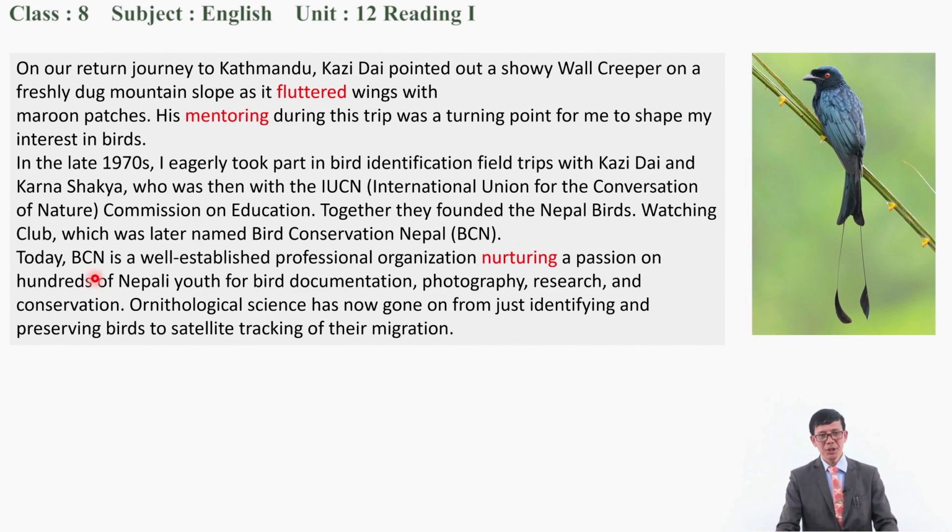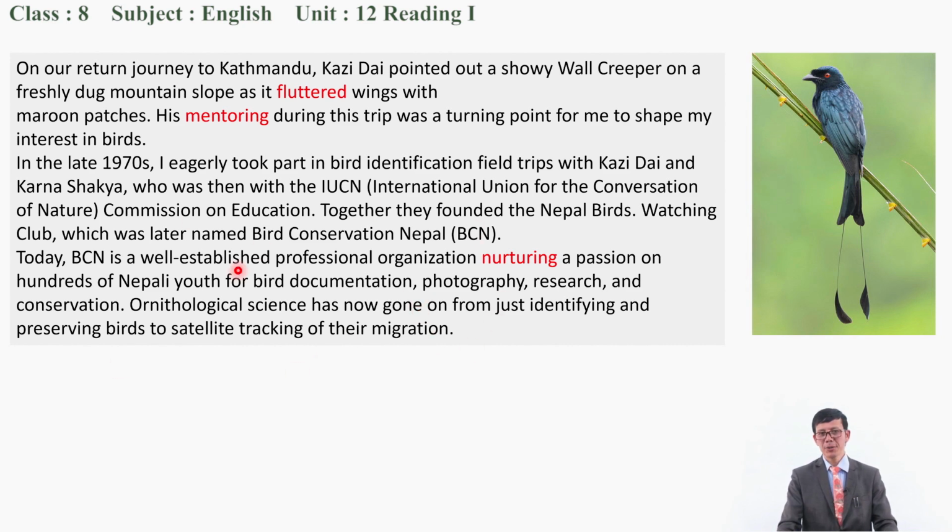Today, BCN is a well-established professional organization nurturing a passion in hundreds of Nepali youths for bird documentation, photography, research, and conservation. Ornithological science has now gone on from just identifying and preserving birds to satellite tracking of their migration.